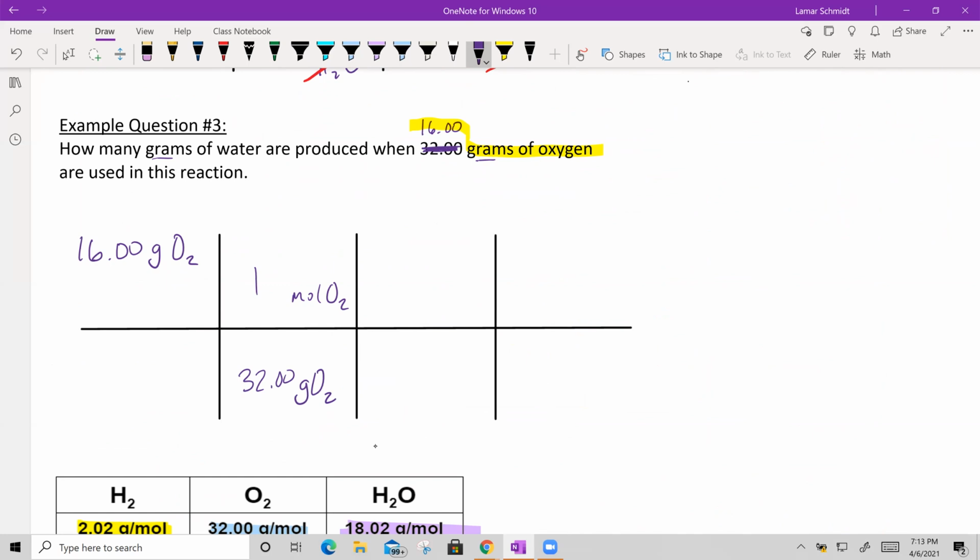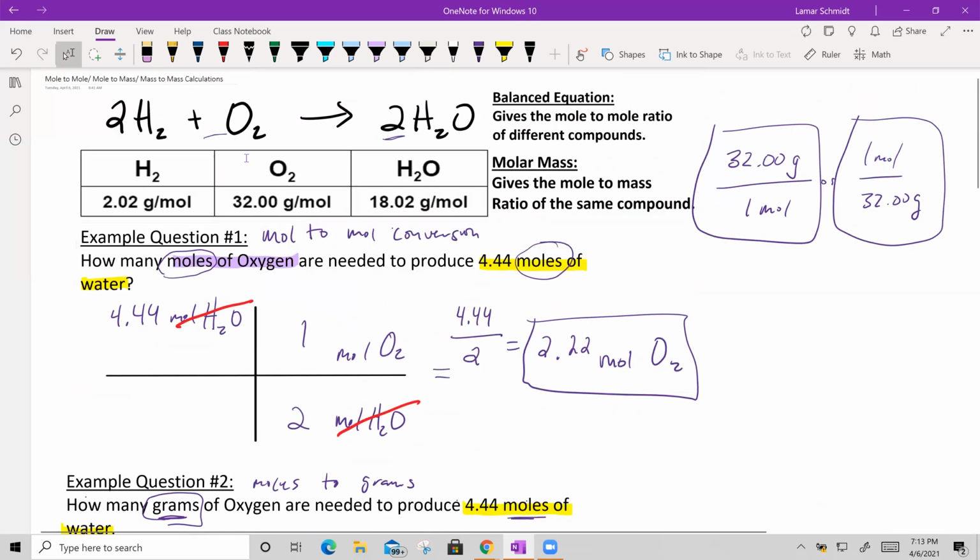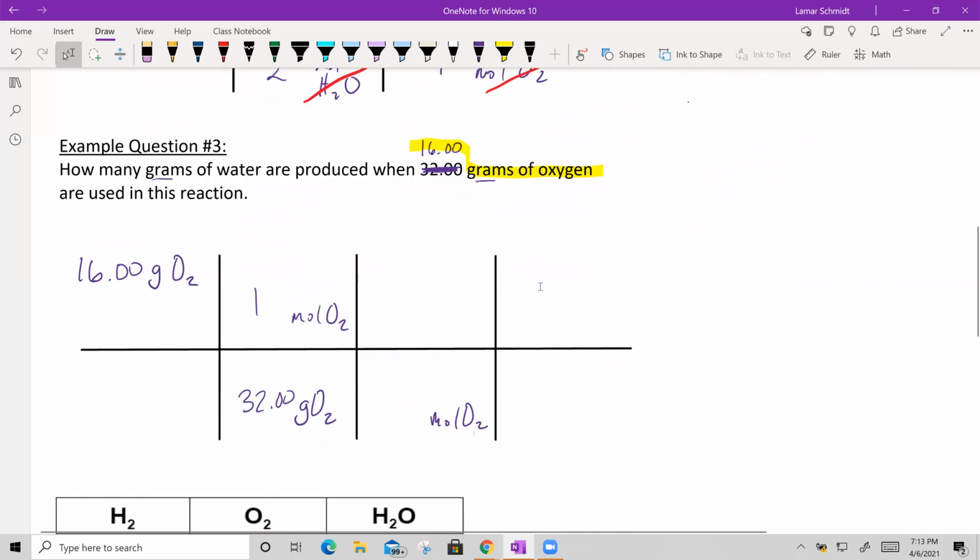Now we go to the next part, and we know we're going to need moles of oxygen. Now, moles of oxygen cannot be converted right into grams of water. Again, we have to use the balanced equation to go from moles to moles. So we now can go from moles of oxygen to moles of water. All right, so we can say moles of H2O.